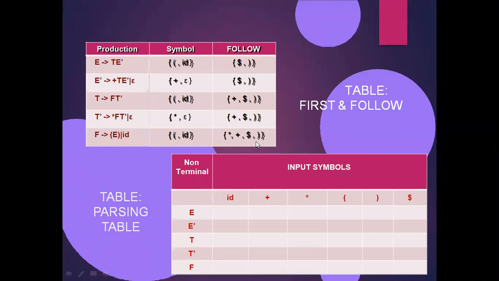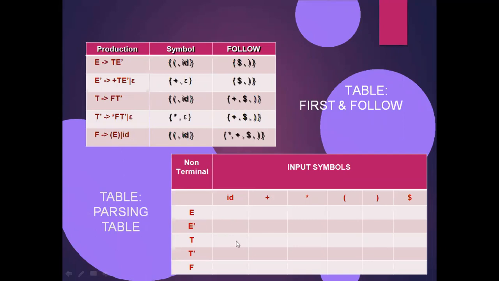And whatever terminals we have in the given grammar, along with the dollar, we should place like this: plus, star, open parenthesis, closed parenthesis, ID, along with the dollar. These are the input symbols, these are the non-terminals. Input symbols means from these terminals we generate the input strings. So it looks like a 2D array, and the name of this table can be called a parsing table.